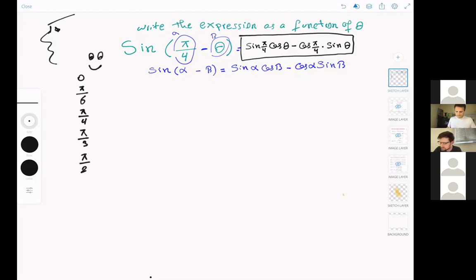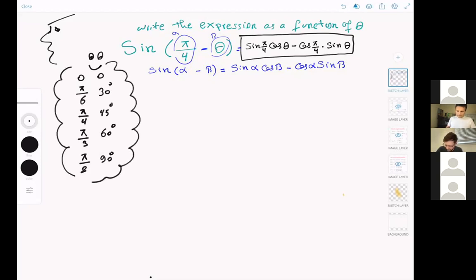This is in radians, and in degrees it will be 0, 30, 45, 60, and 90 degrees. So anytime we see this angle inside one of the trig functions, we need to evaluate it. So sine of pi over 4 is radical 2 over 2.